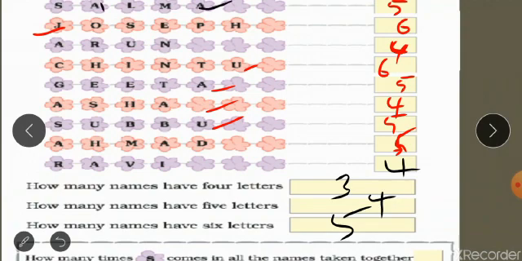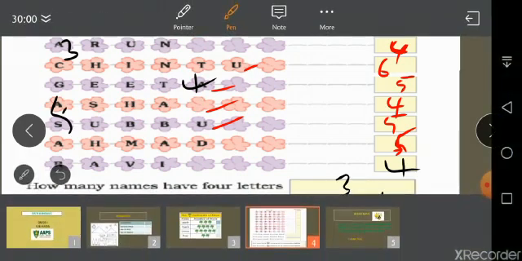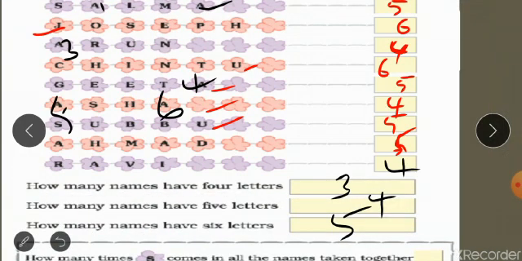In Joseph, there is no A. In Arun, you have 3. In Geeta, 4. In Hasa, I have 5 and 6. And in Hamad, you have 7, 8. In Ravi only 1 A, that is 9 in number. So totally A is present 9 times in all the names.